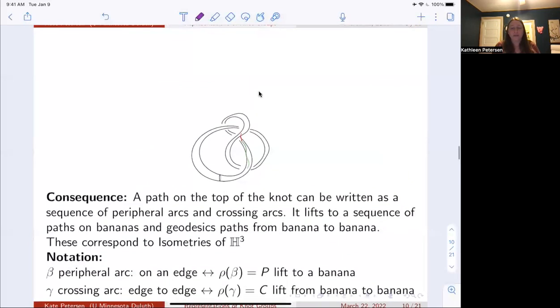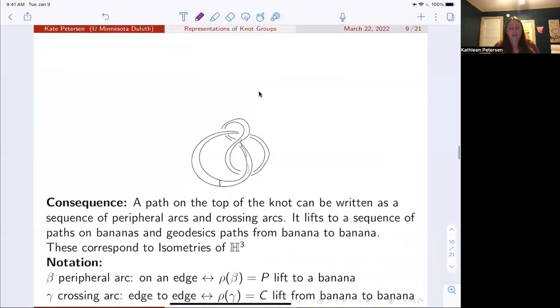Okay. So what do we learn from this? The consequence is that if I draw a path on top of the knot, meaning a path that's a sequence of these peripheral arcs and crossing arcs, then I can draw a path like that where the lift looks like paths on bananas followed by paths from bananas to bananas.